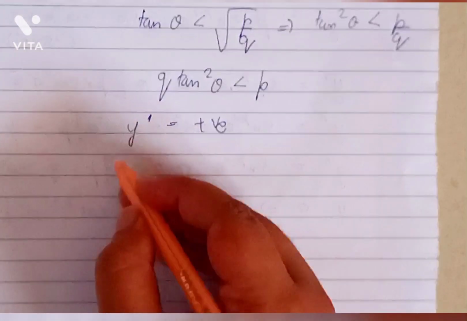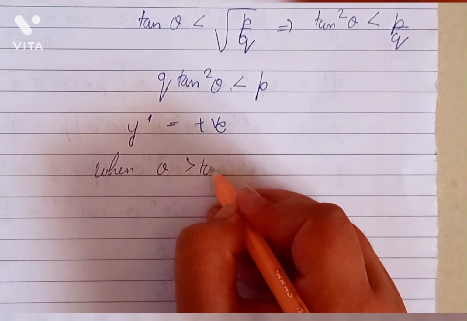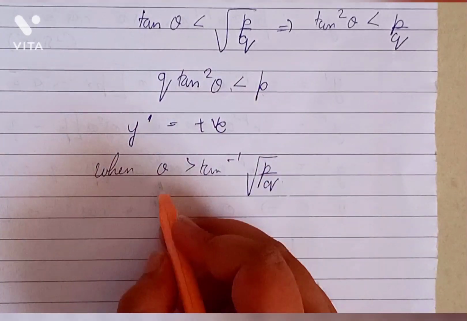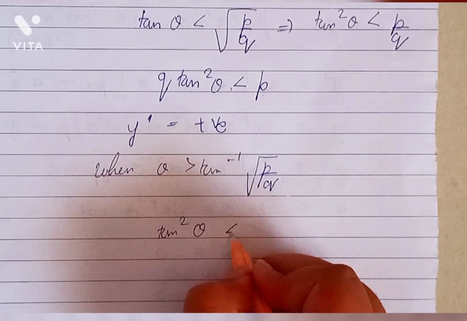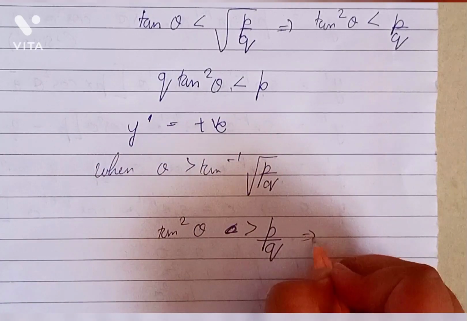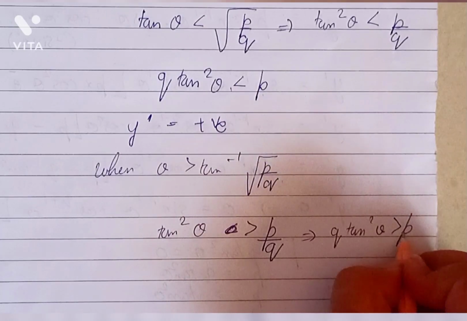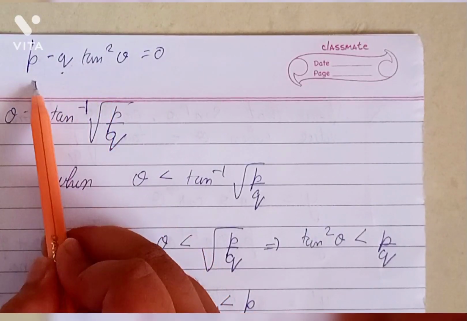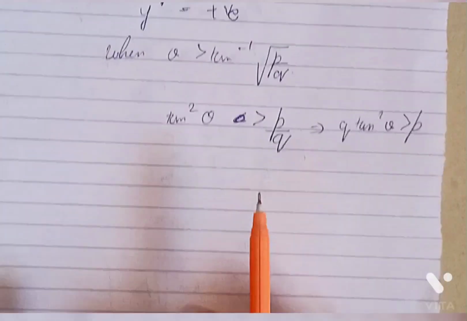Similarly, when theta is greater than tan inverse under root p by q, simplifying it again, tan square theta should be greater than p by q. So q tan square theta will be greater than p. Therefore, it will be a negative quantity.